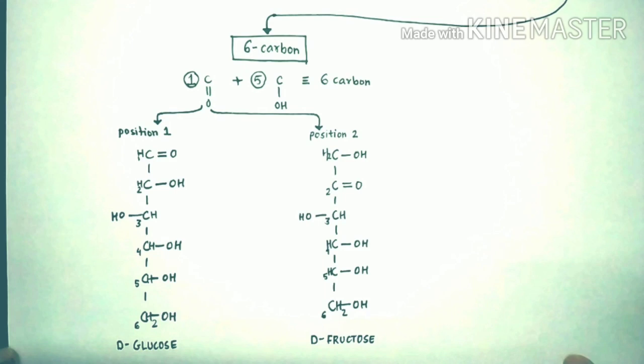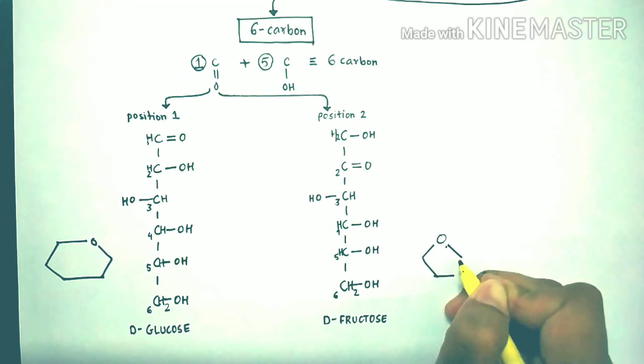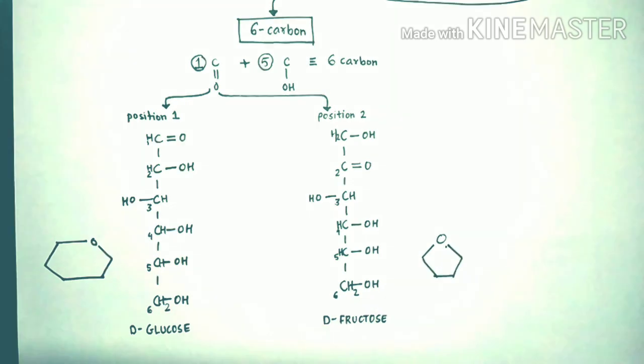There is one more thing though. These sugars do not exist in straight chain form in our body. They rather exist in the cyclic forms. So let's draw their cyclic structures as well. For cyclization, the carbon containing C double bond O forms the bond with the 5th carbon or semi-last carbon.